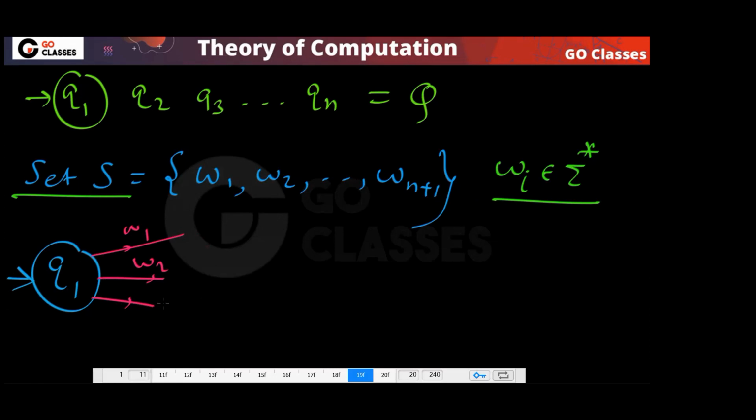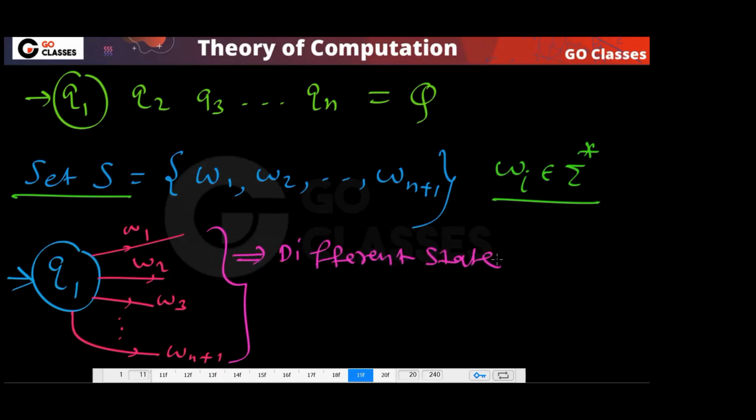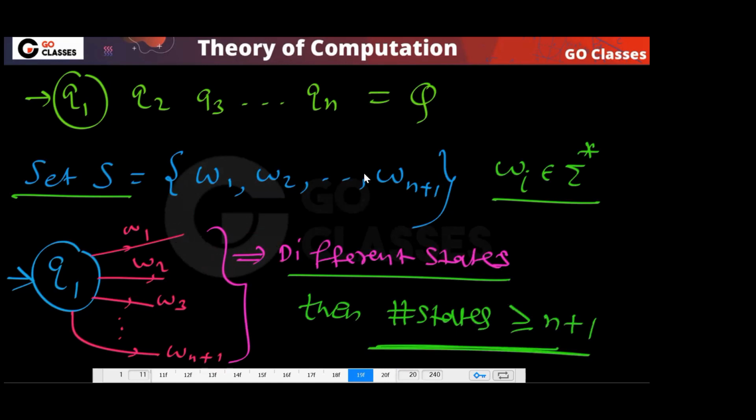If we go to different states on every string, if all of them are different states, then the number of states we need is at least n plus 1. At least n plus 1 states you need, correct?